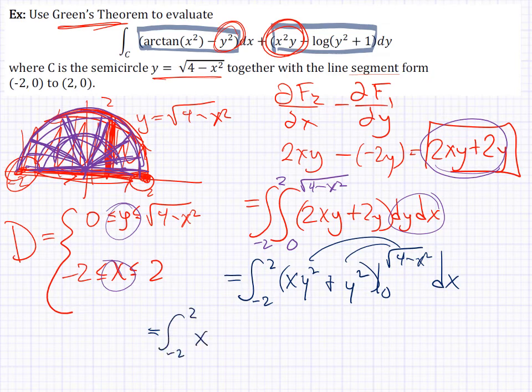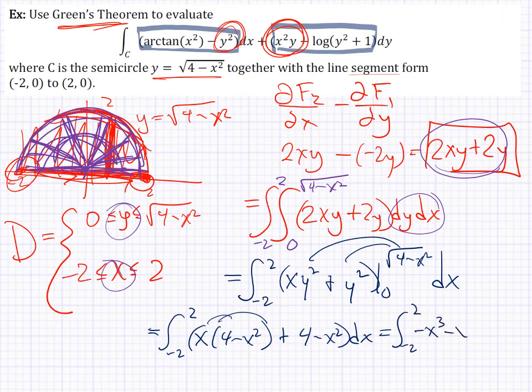So I'm going to do x times 4 minus x squared plus 4 minus x squared, dx. I'm going to multiply all this out before I integrate. So I have -2 to 2 of minus x cubed minus x squared plus 4x plus 4. That's what I'm going to integrate with respect to x.